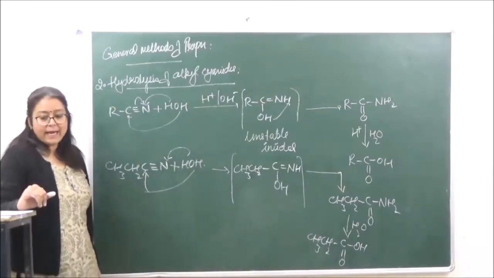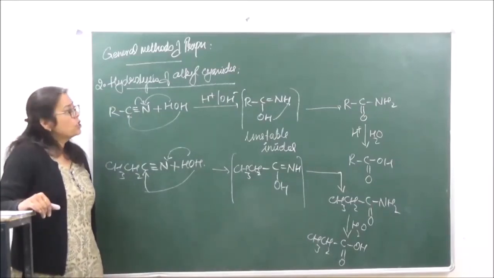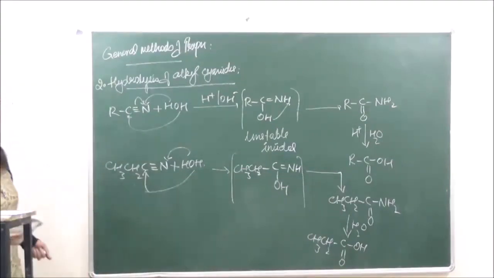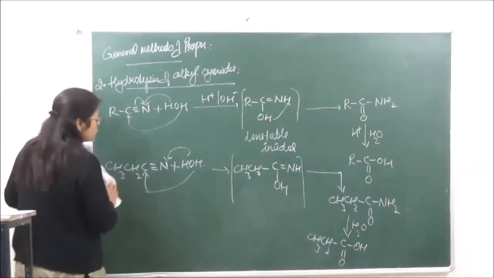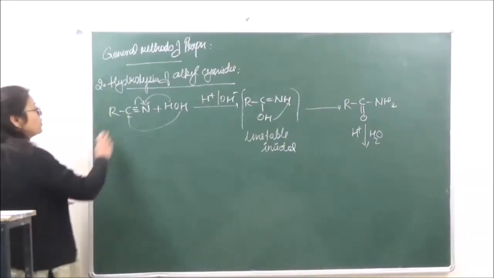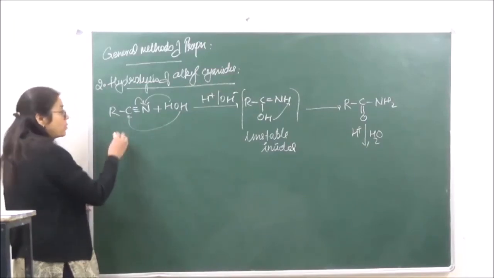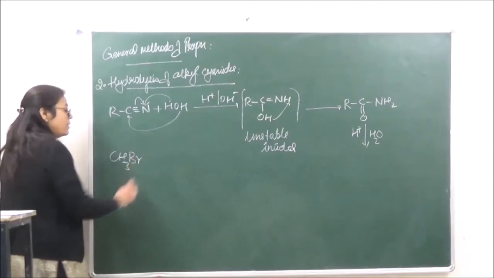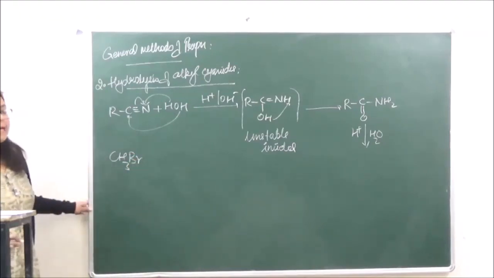Secondly, alkyl halides can also be used. So this is going to be an upgradation reaction. Let's see what the upgradation reaction is over here. The cyanides which are required for the reaction are generally formed from alkyl halides.